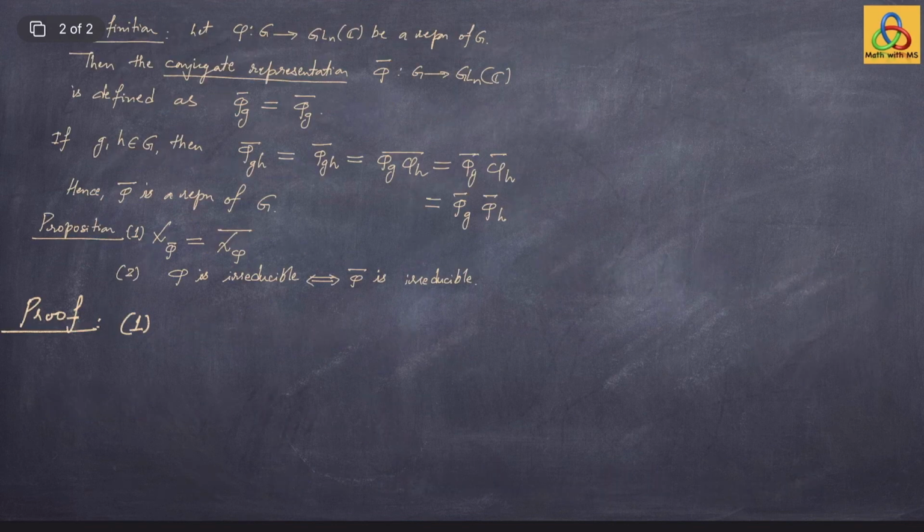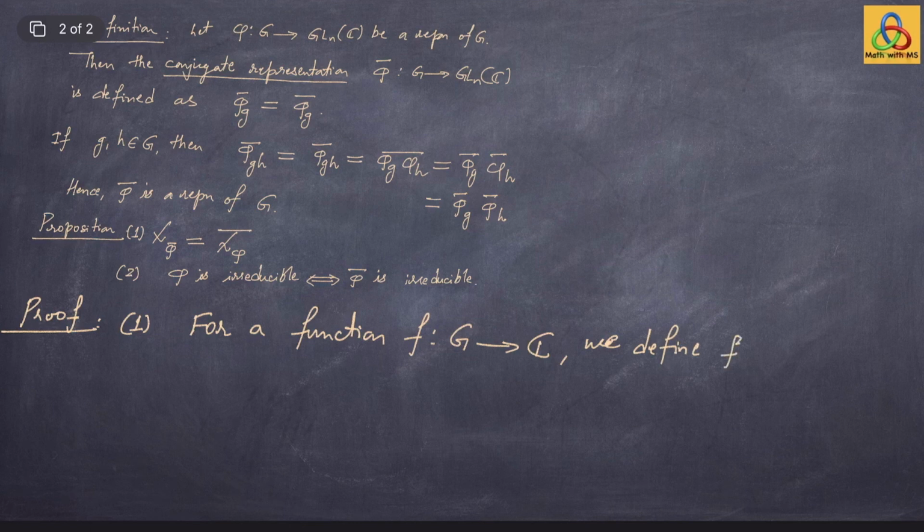So for a complex valued function f from G to C, let me set this notation first. We define f bar from G to C simply as f bar of a group element is just f of the group element and its complex conjugate.